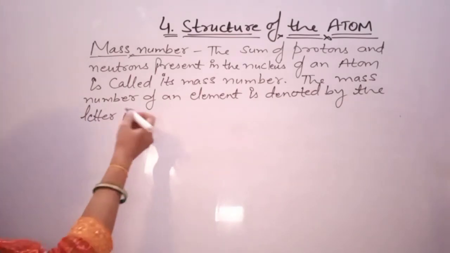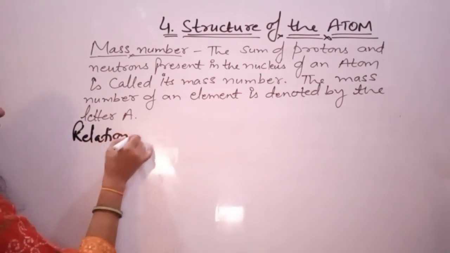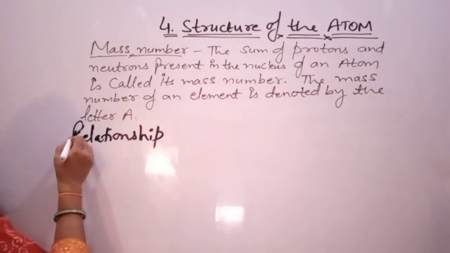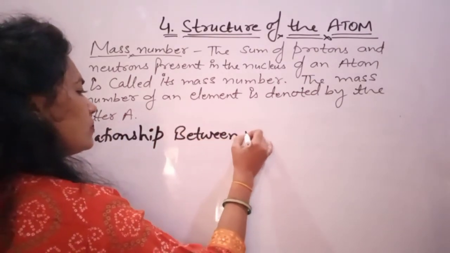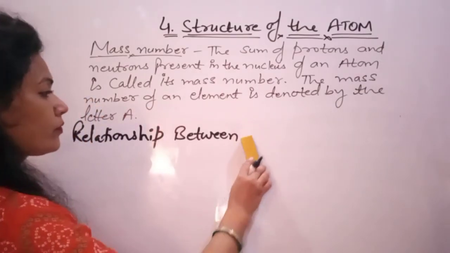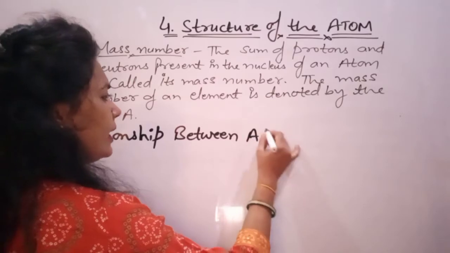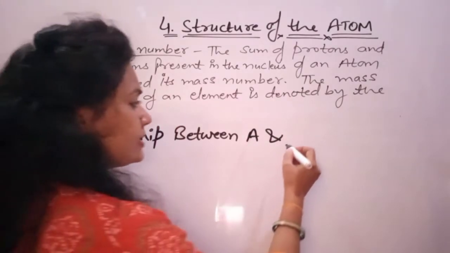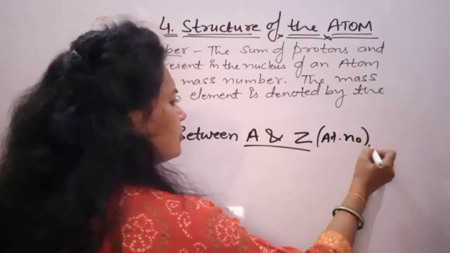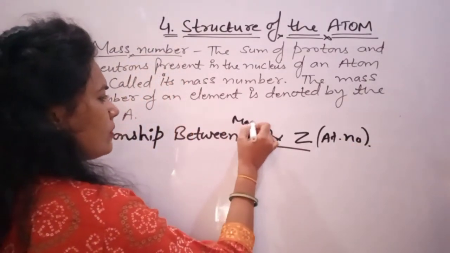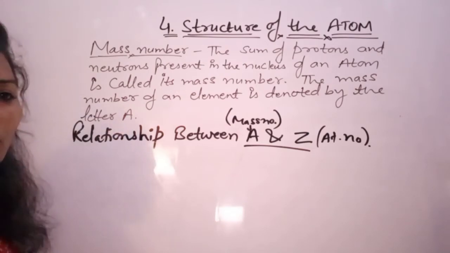You can write the relationship between mass number, denoted by capital A, and atomic number, Z. Z is atomic number and A is mass number. Got it? So how can you write it?